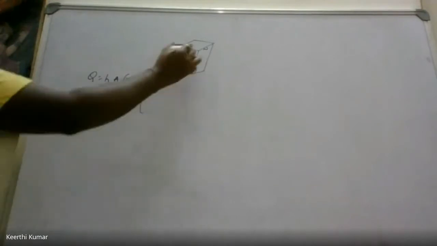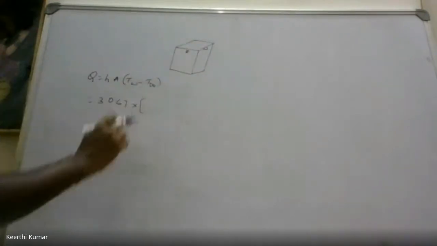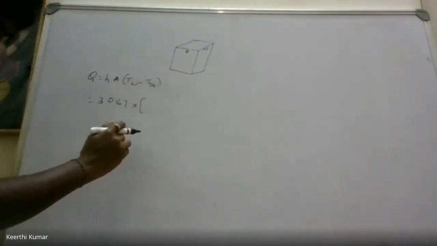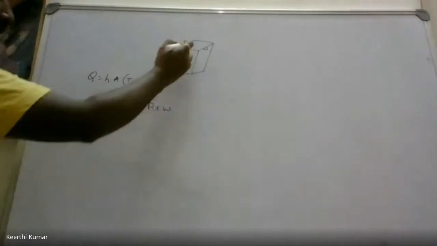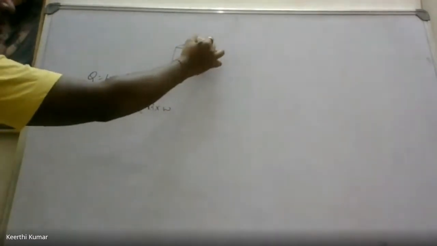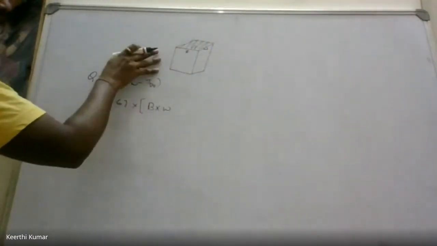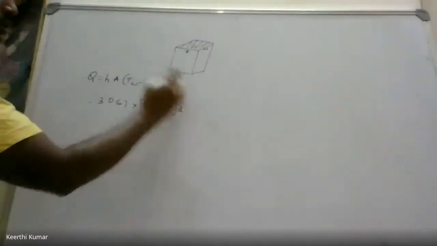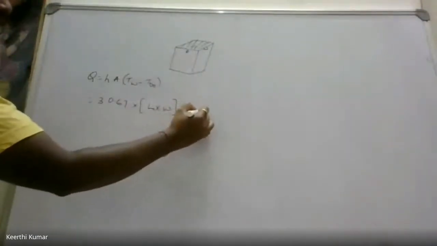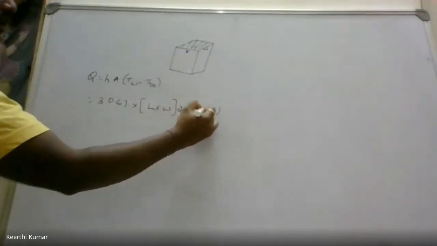Can you tell what is the area of this material which is exposed to air? Area is b into w, this surface. This is not exposed to air. The air exposes L into w into 2 sides, plus L into b into 2 sides.